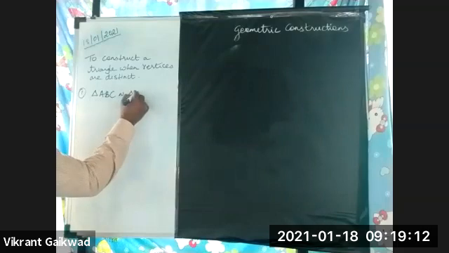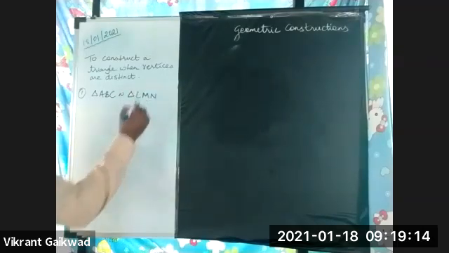I'll write one question here. Okay, triangle ABC is similar to triangle LMN. Okay, you have got two kind of constructions in this. We are doing the first kind of construction.